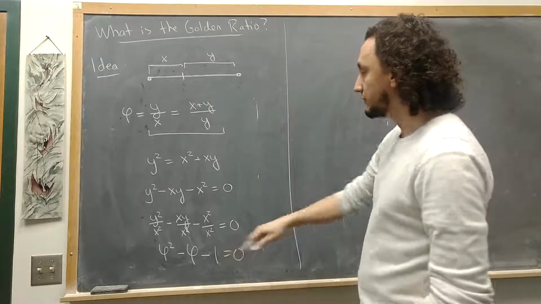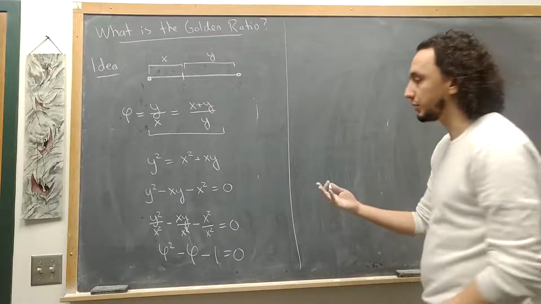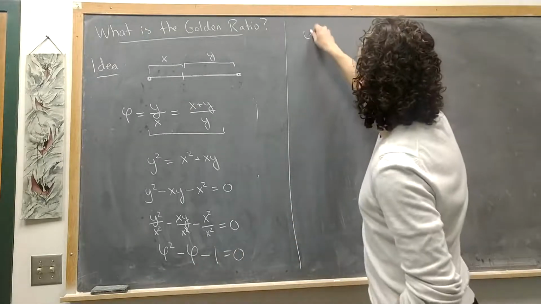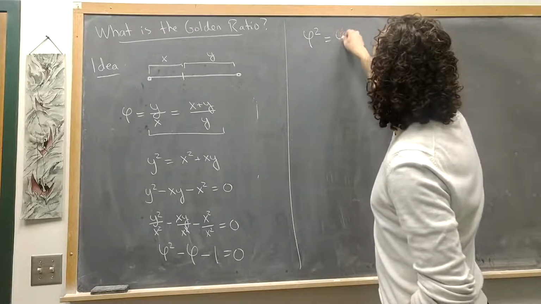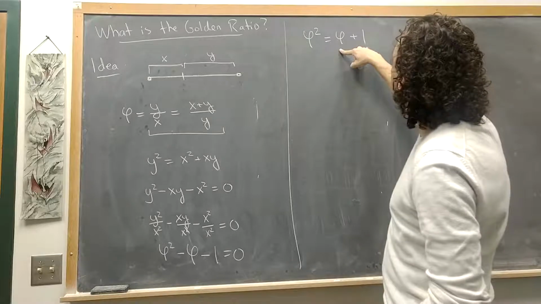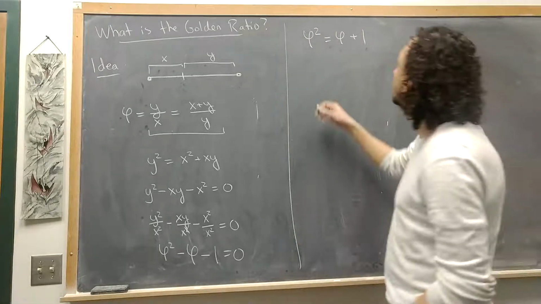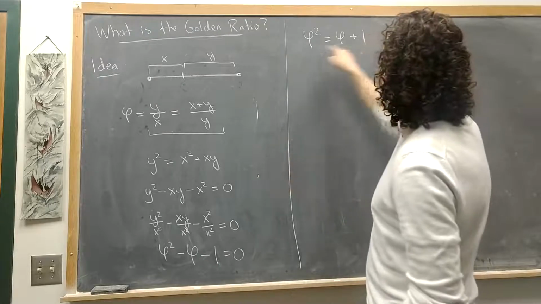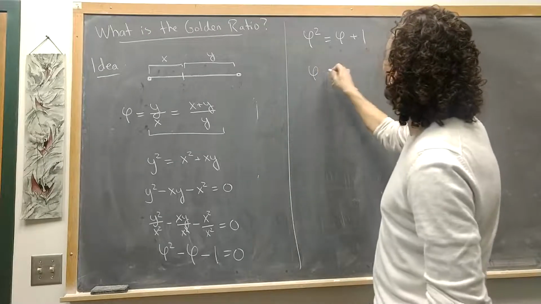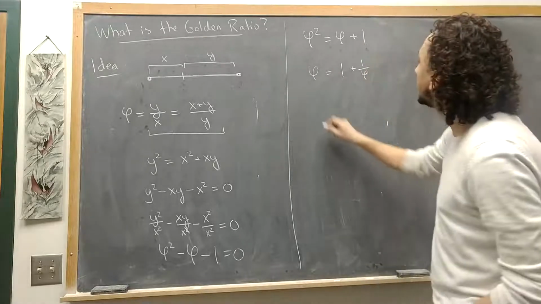Now already before we solve this equation, we can use it to notice two kind of interesting properties of the golden ratio. One is just by moving this to the other side, we get phi squared equals phi plus 1. So adding 1 to phi is the same as squaring it. On the other hand, if I take this and I divide both sides by phi, then I get phi equals 1 plus 1 over phi.